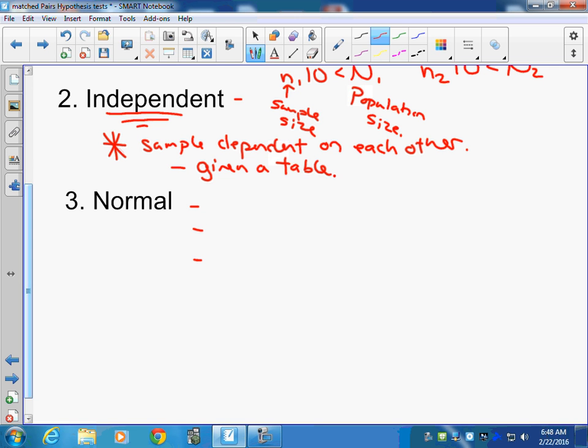Then when we look at normal distribution, in a matched pairs, you're going to be working towards that worst case scenario, because you're usually not going to be told that they're normally distributed. In a matched pairs, they're not going to give you a sample size over 30, which would allow you to use the central limit theorem. You're going to have to graph it, and what you're going to want to do is graph your difference values.